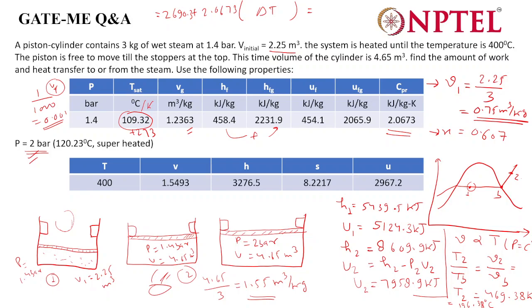No, sir, I'm getting more than that. How much are you getting? Sir, it's near about 10,000, like 9,000. It should be less than H2, no? H2 minus something we are doing.